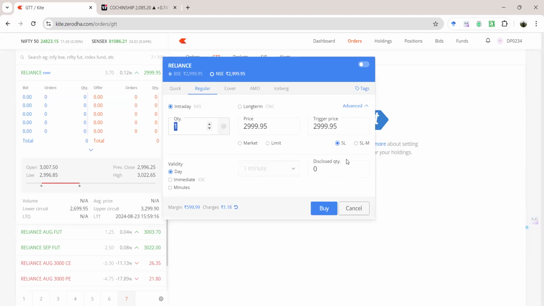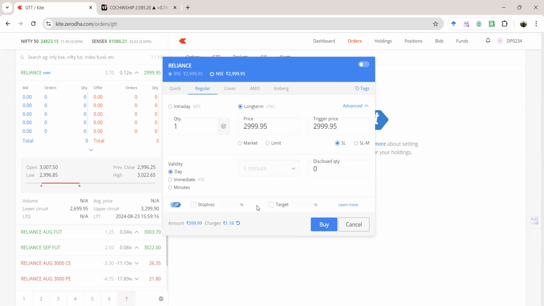So whatever is visible, these are the things which I have covered. You are asking about cover order? No, regular order. I'm placing order that if I'm taking Reliance at 3,000, not for intraday, for long term.